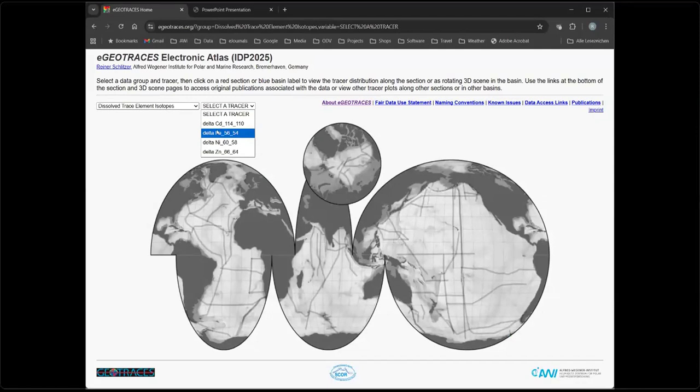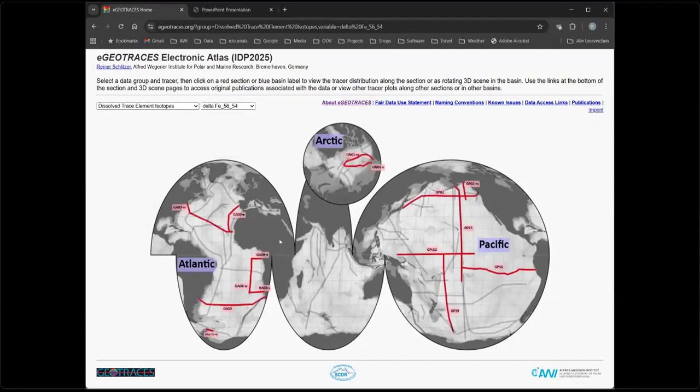So for instance, we could use the iron isotopes. Once you have chosen a group and a particular tracer, then the map will show in red all the sections that have a plot for this parameter, and in blue, the ones that have a rotating 3D image.